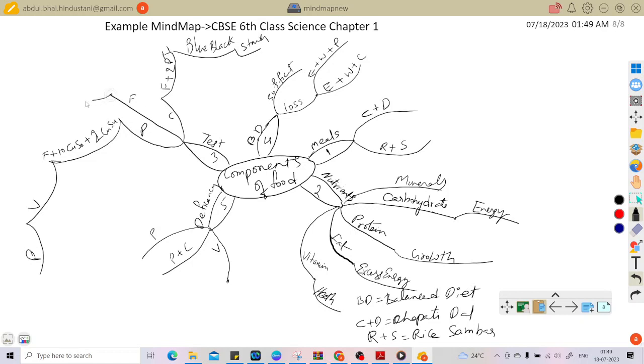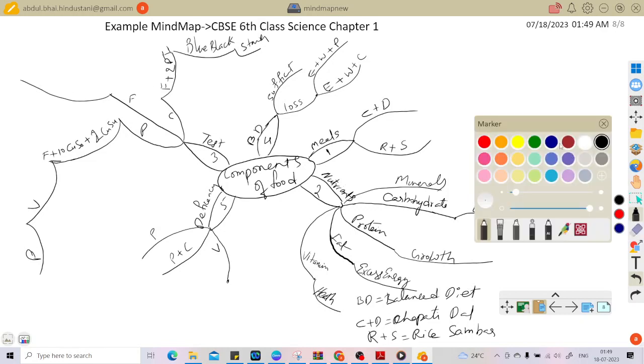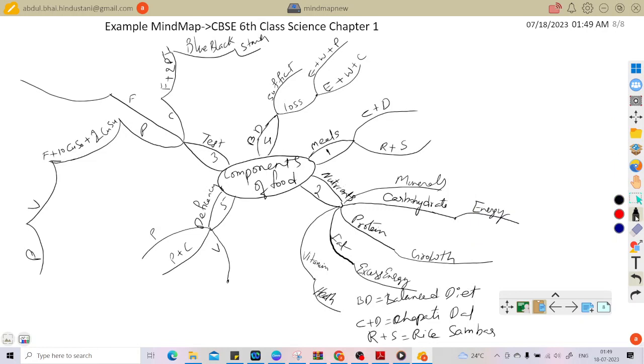And the fat test. How are you going to perform the fat test? You take a sufficient quantity of food, wrap it in paper, and then crush it.